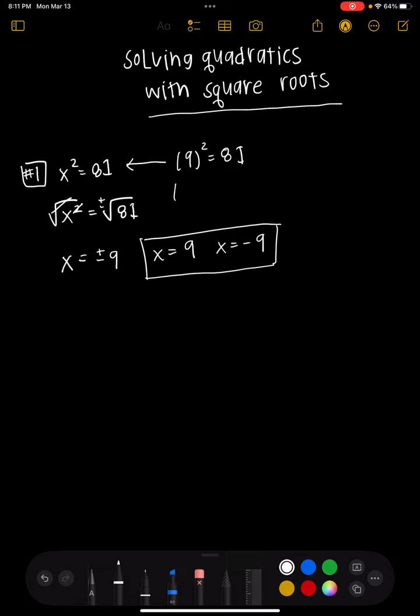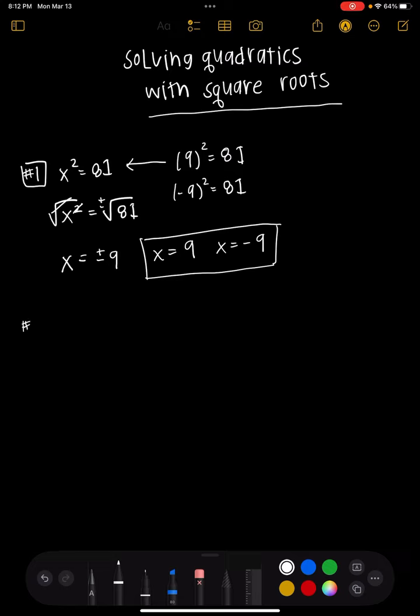But I could also put negative 9 squared is equal to 81, because what this is telling us is we're going to do negative 9 times negative 9. And we know that a negative times a negative is a positive. And so negative 9 times negative 9 is a positive 81. So both of those answers are totally true. That's why we need to put that plus or minus in front of anything that we take square roots of. So those are my two answers for the first example.